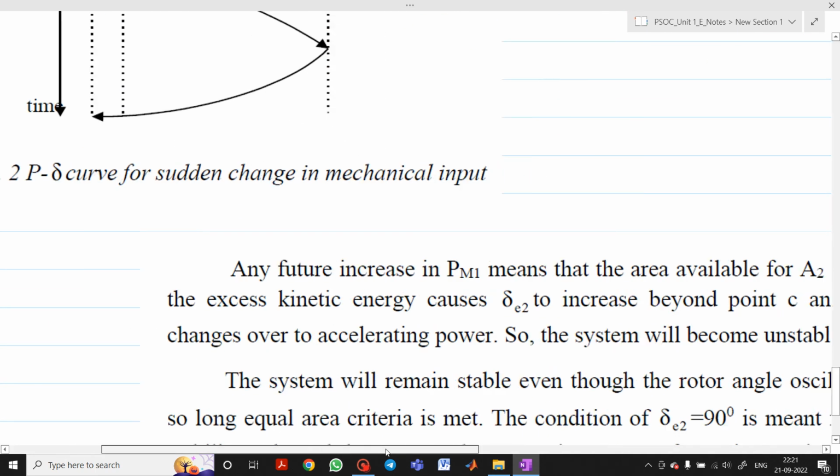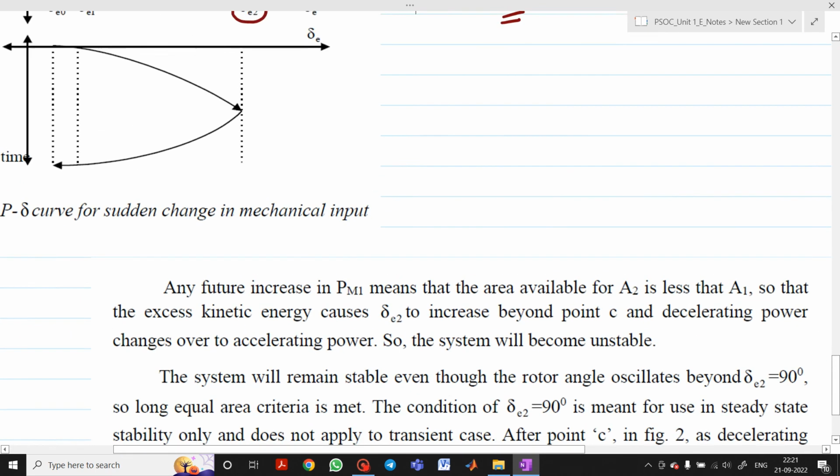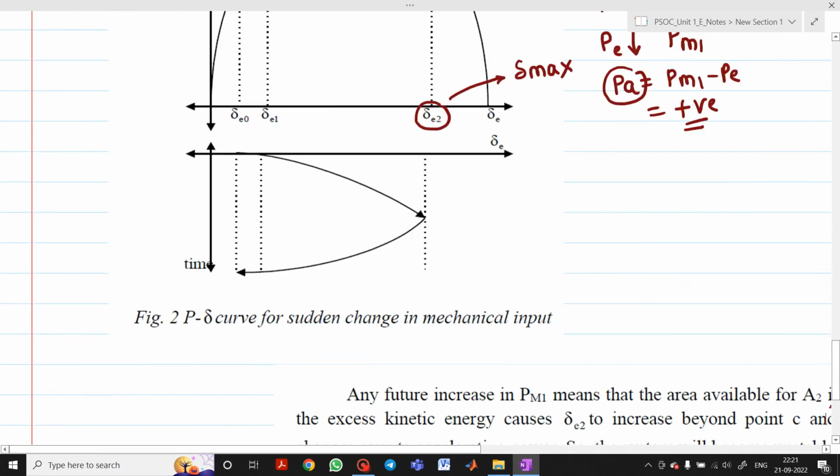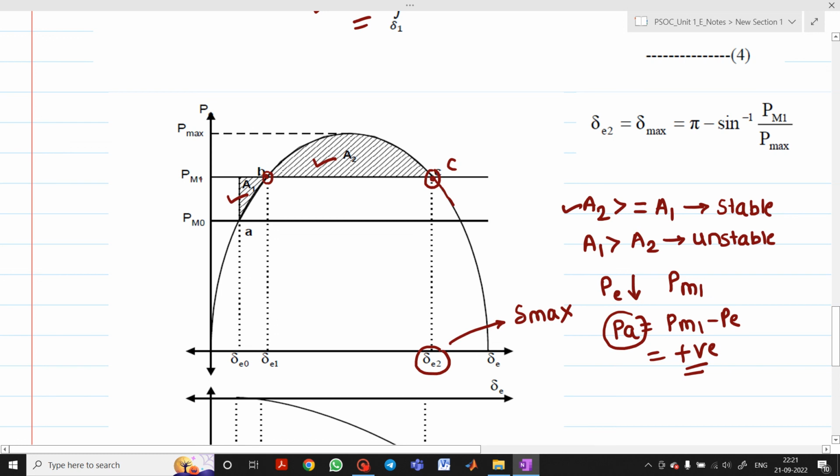So the thing has been written here, what we have discussed: any further increase in PM1 means that the area available for A2 is less than A1. Please try to understand this sentence. This is the PM1 we have represented here. Now suppose the mechanical input is increased up to this, which I write as PM2.